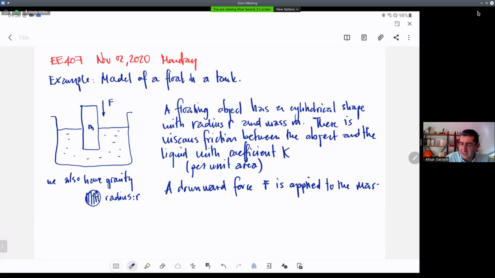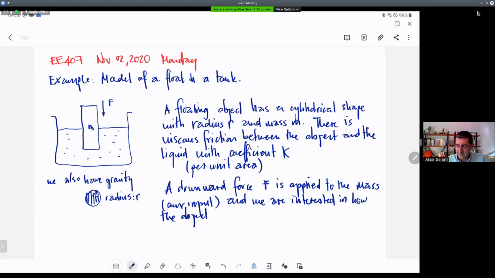This is essentially our input, and we are interested in how the object floats. What does that mean?